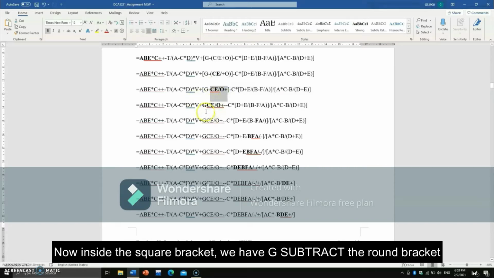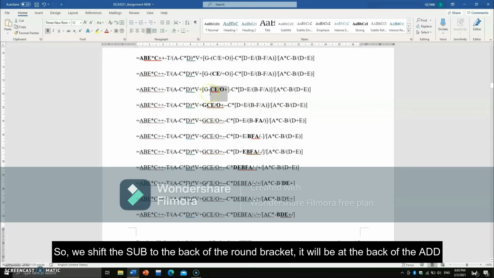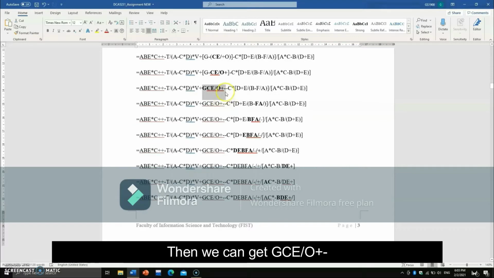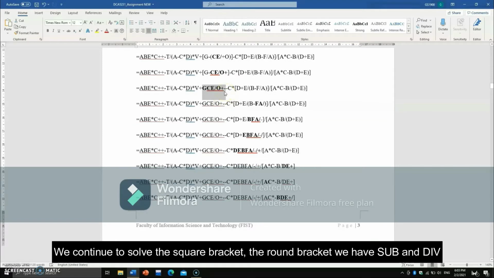Now inside the square bracket, we have G subtract the round bracket. So we shift the subtract to the back of the round bracket we just removed. It will be at the back of the add. Then we can get GCE divide O, add and subtract.